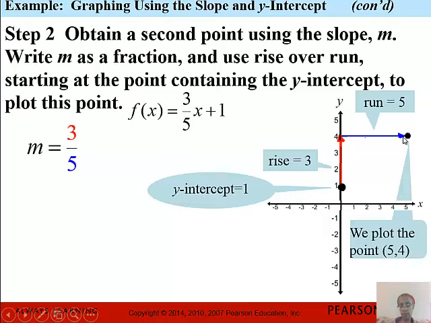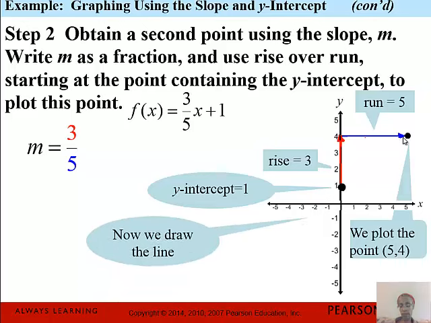So we're able to plot the point (5, 4). So this point has an x-coordinate of 5, a y-coordinate of 4. And now we can draw the line through these 2 points. To draw a line, I only need 2 points. And there is the graph of the linear equation.